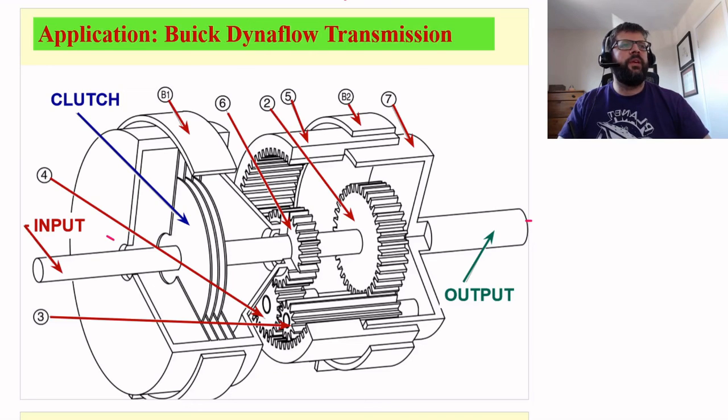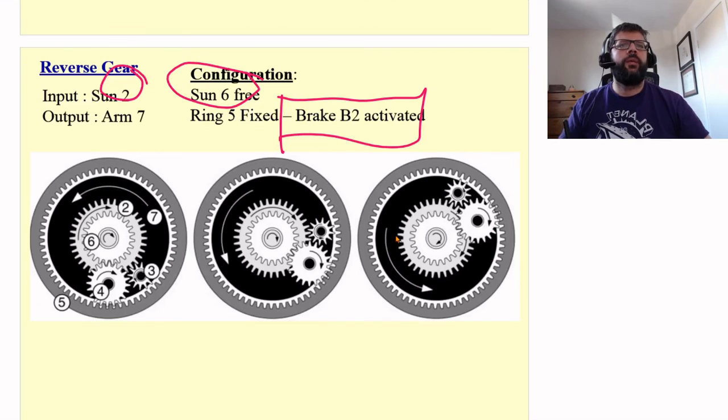So basically, we're going to have input coming in this way, rotating. Oh, here, I'll go to this one. So we got input coming in this way, and this thing's going to want to rotate this way, which means that this thing's going to want to rotate this way, and this thing's locked.